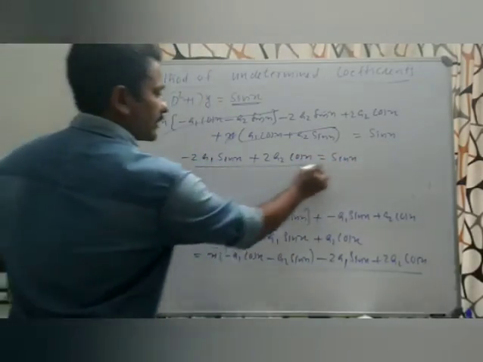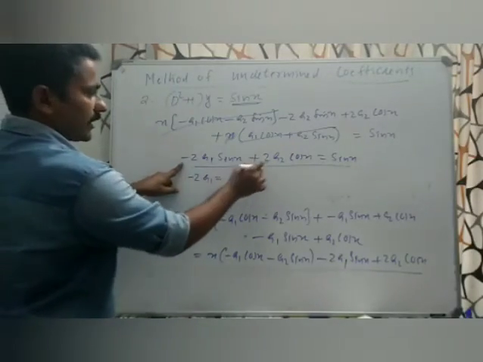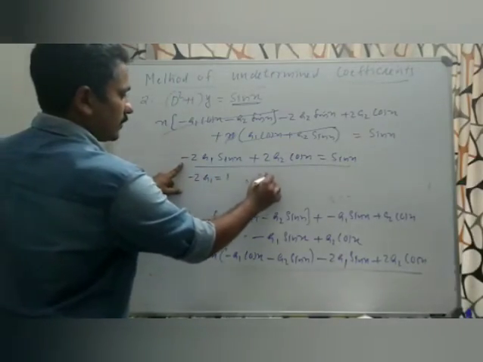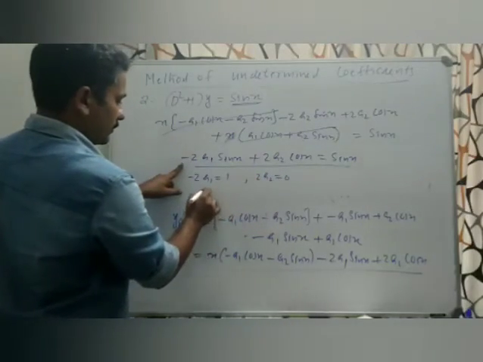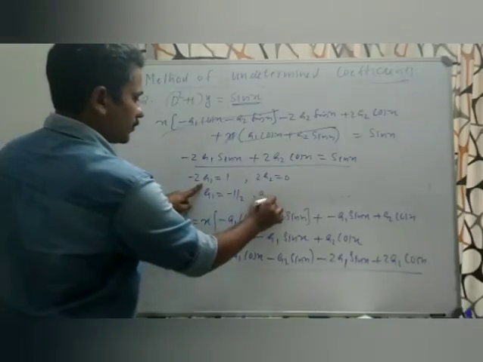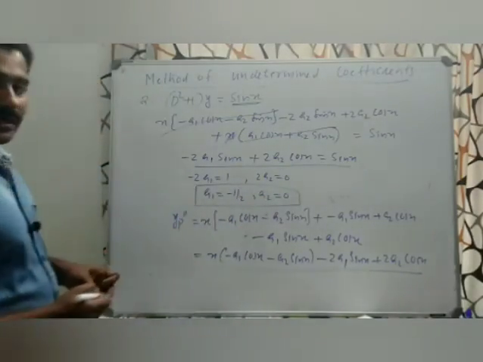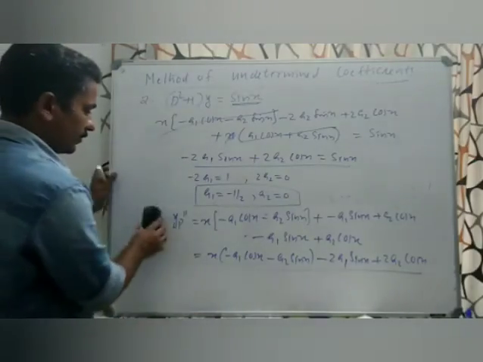Now equate the coefficients. When you equate the coefficients, you will get minus 2a1 is equal to 1 and 2a2 equal to 0. That means a1 is equal to minus 1 by 2 and a2 is equal to 0. And we obtain the constants a1 and a2.